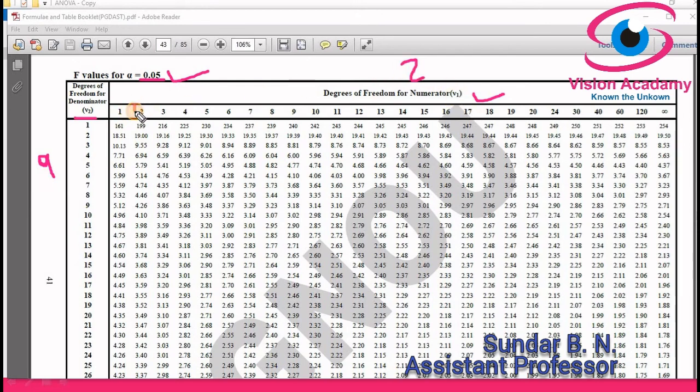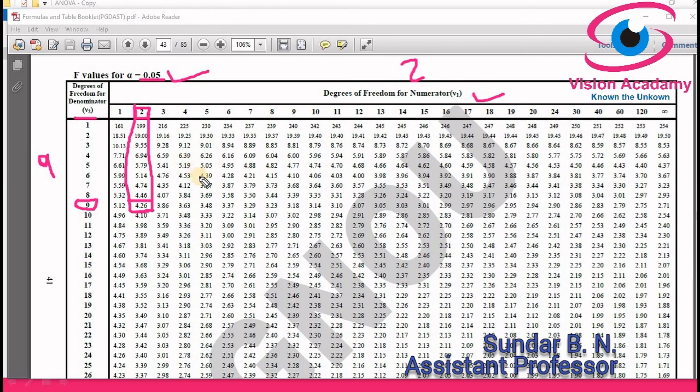All columns are V1 and all rows are V2, and our V2 is 9 here. V1 is 2, V2 is 9, then our required value is this. So the F table value for V1 2, V2 9 is 4.26 at 5% level of significance.